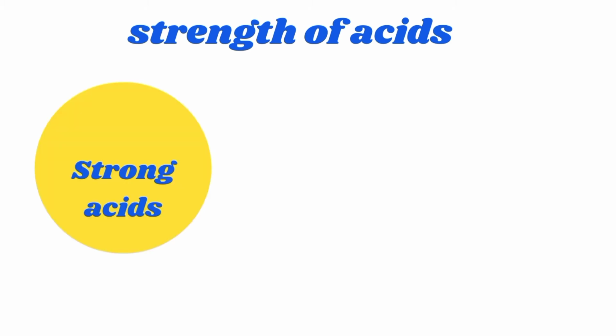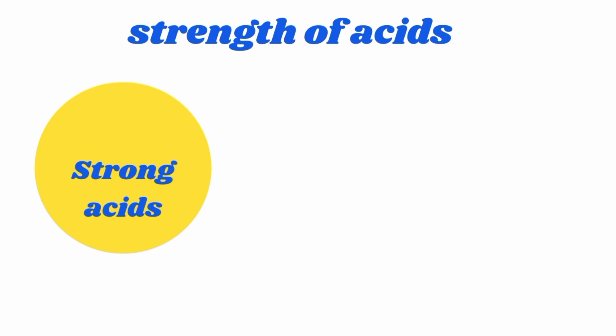When the concentration of hydrogen ion is high in an acid, we'll say that acid is a strong acid. So basically, based on the strength of an acid, we have two classes of acids again, and they are called strong acids as well as weak acids.